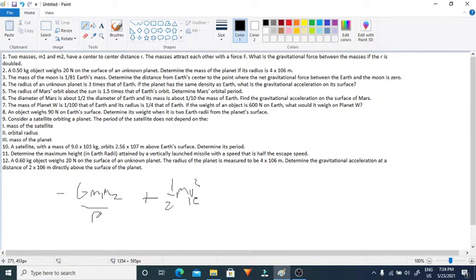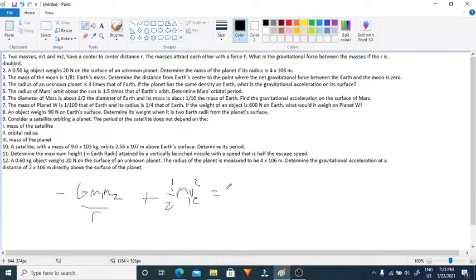These are our initial values, and then plus 1/2 mv squared is going to equal the final values. For the final values, we're going to set the velocity to be 0 because it'll just make it. So that will cancel. But then also the potential energy we're going to set as 0 at that point as well.